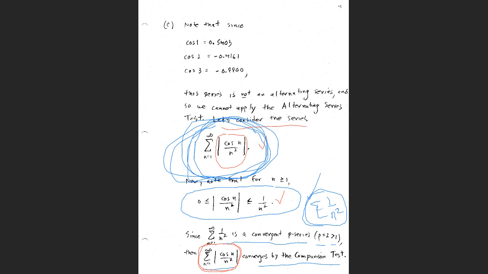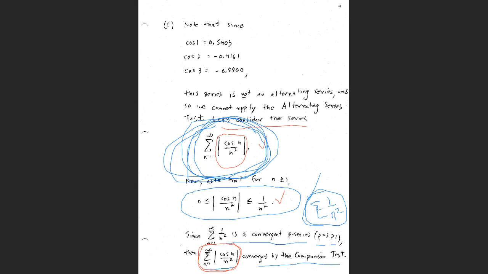Now, we don't know what that number is, and we might need to write a computer program with a for loop or a do loop for i equals 1 to n, and then let n be a billion or something to get a good idea of what that sum is. But the point is that that series converges.